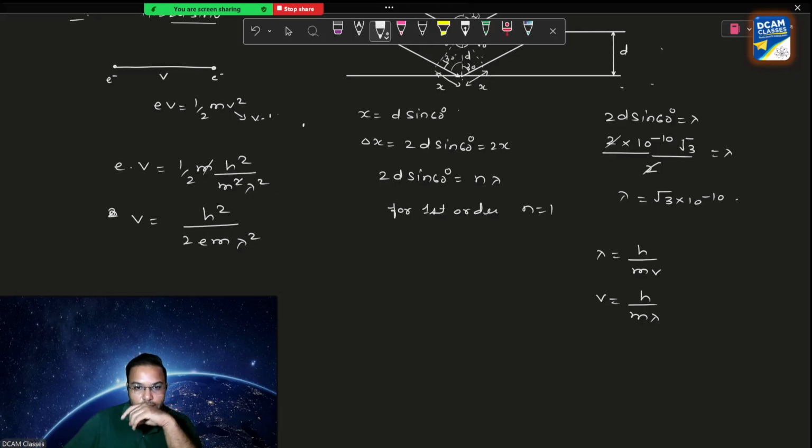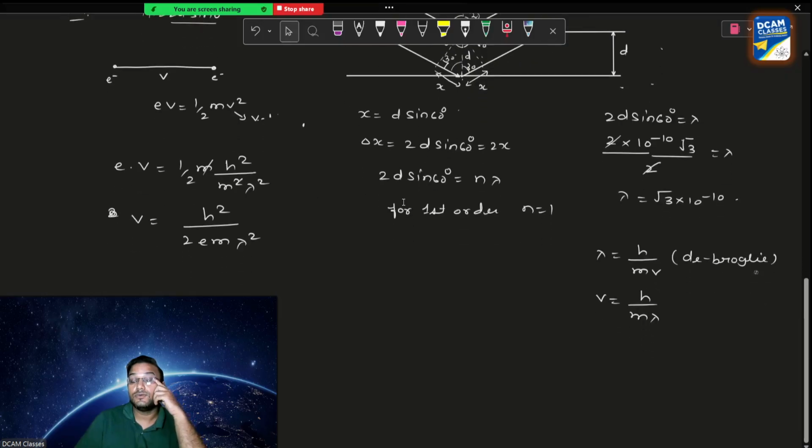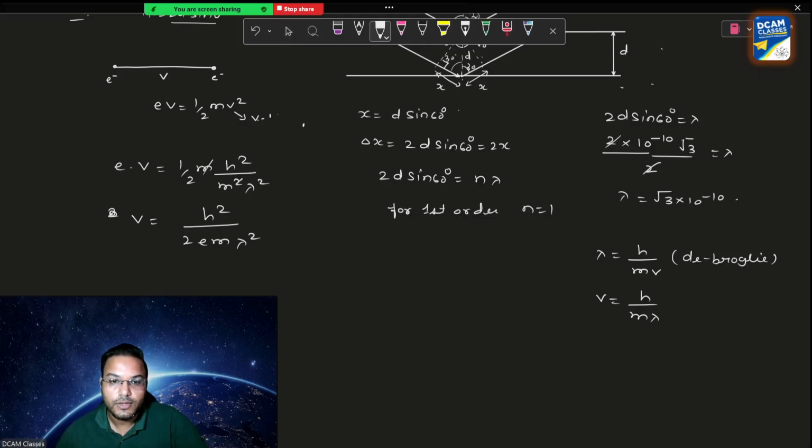This is the de Broglie equation I'm using here. Because we do not know now, this is equal to h nu, because what is the work function, all those things we do not know. That's why.